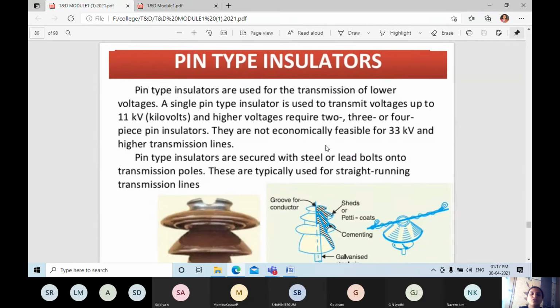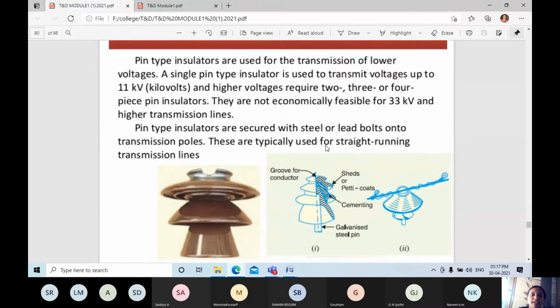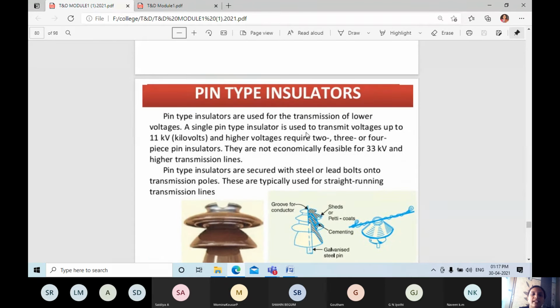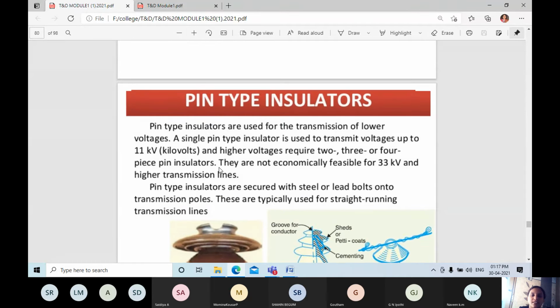Pin type insulator. You can observe this is a pin type insulator. Pin type insulators are used for the transmission of lower voltages. A single pin type insulator is used to transmit voltages up to 11 kV, and higher voltages require 2, 3 or 4 piece pin insulators.